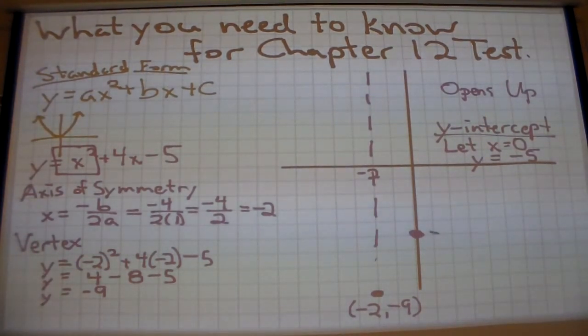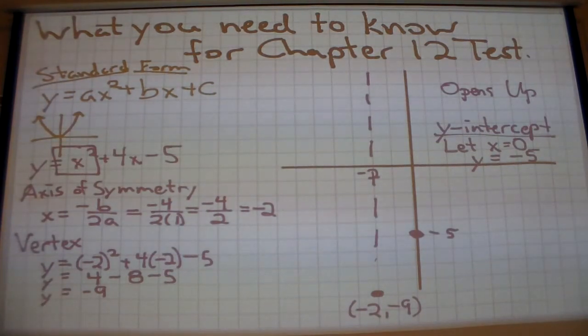Wait, how do you know that x is 0 again? Whenever I want the y-intercept, it's going to be on this line, and on this line, x is always 0. So I just drop the x's, and it's y equals negative 5, my y-intercept. Anytime you have an equation like that, that's almost faster to find than the vertex, because you just look, oh, last number, that's the y-intercept.